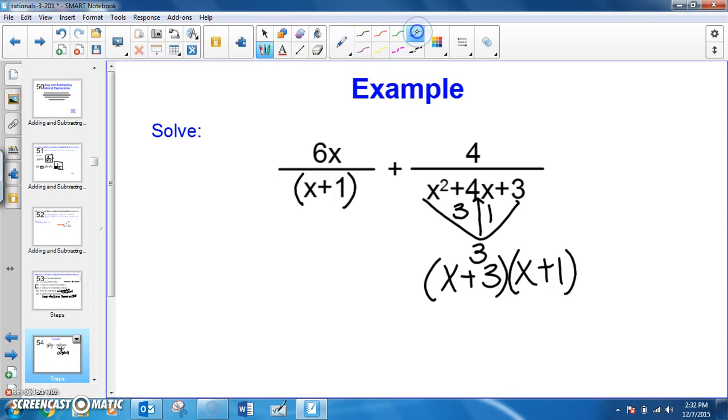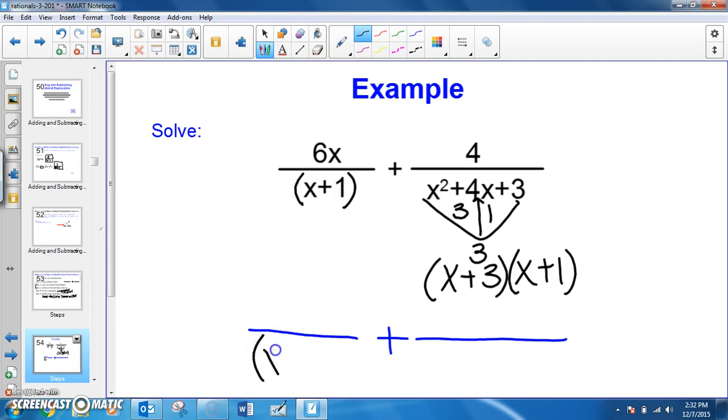So I'm going to make common bars. These blue fraction bars are my common bars. It said I need to copy my first denominator's factors. So my first denominator factor is x plus 1.